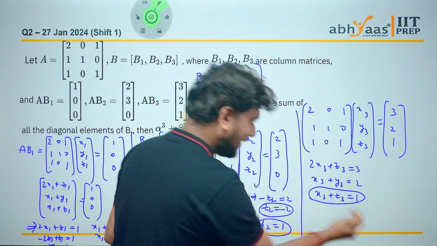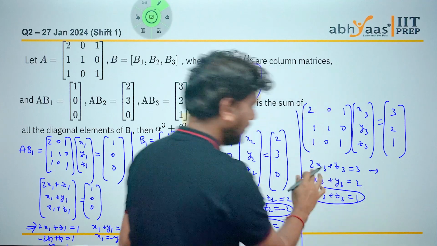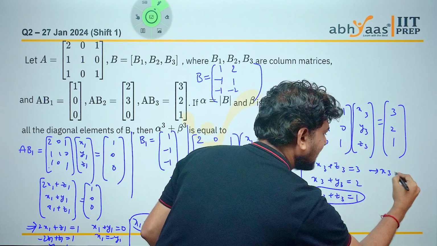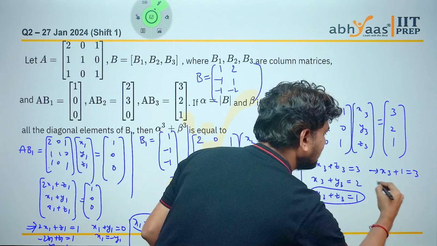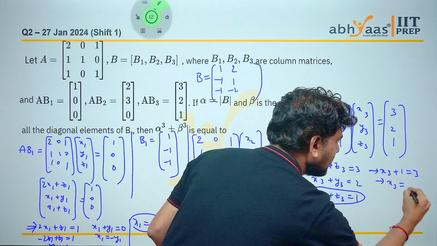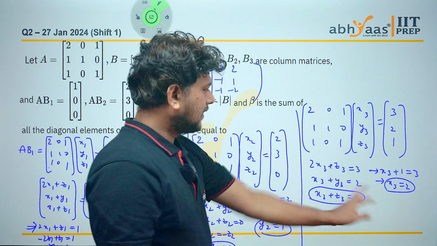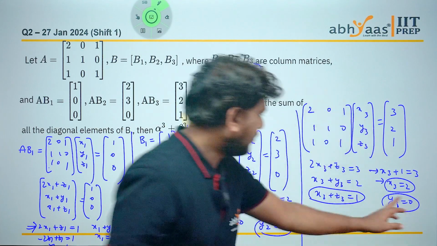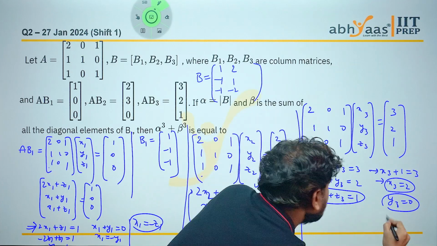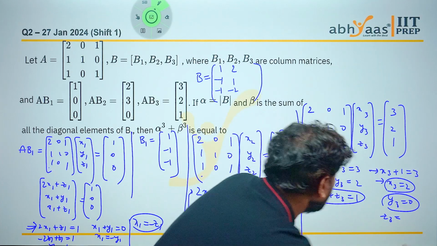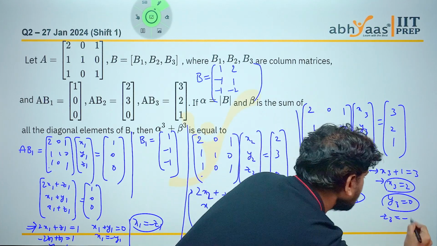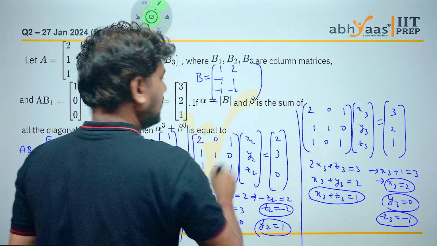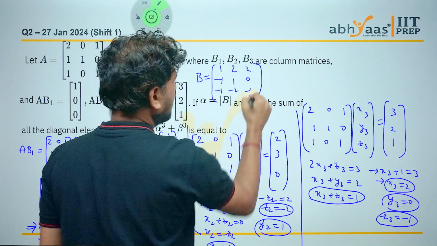Since x3 plus z3 equals 1, if we substitute here in 2x3 plus z3, taking one x3 away, x3 plus 1 is equal to 3. That implies x3 is equal to 2. Substituting 2 here, y3 will be 0, and z3 is equal to 1 minus 2, that is minus 1. So B3 is (2, 0, minus 1).